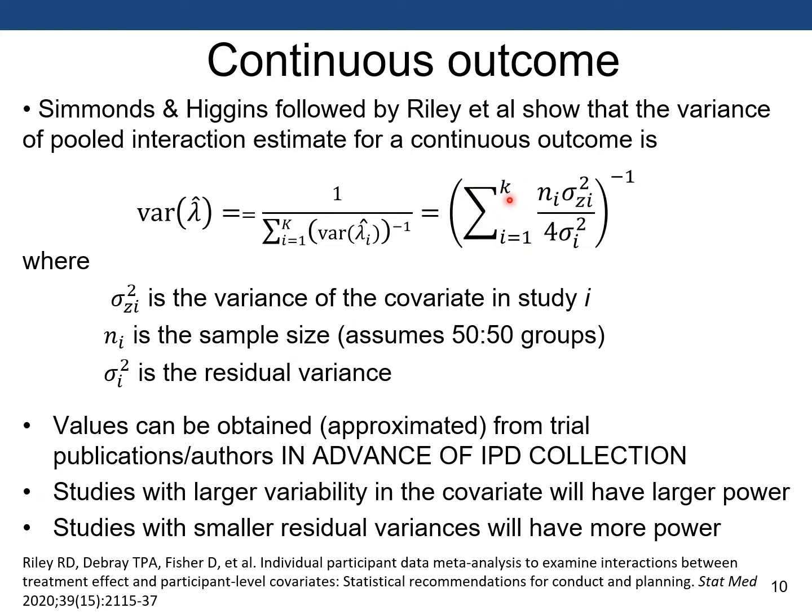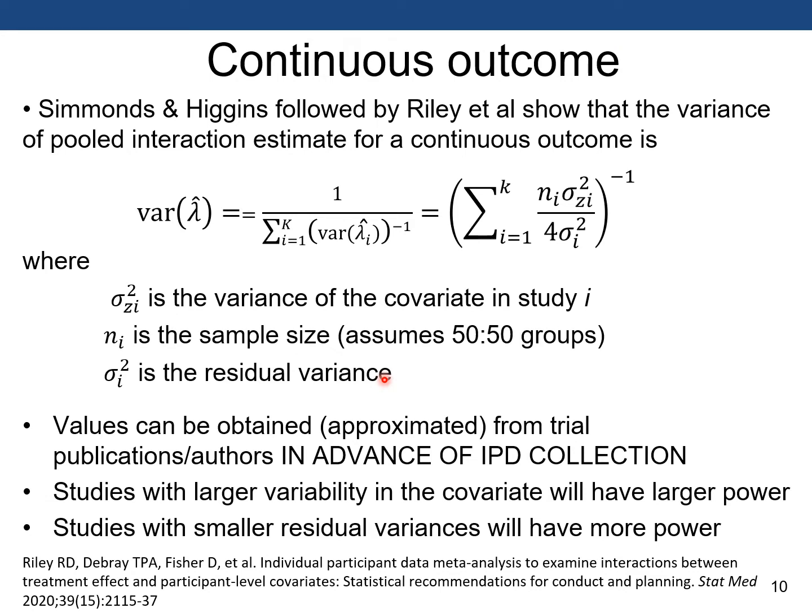This is just when there are k studies, so i is 1 to k in terms of the studies, and it's a sum of n, which is the sample size, sigma, which is the variance of the covariates, and sigma i, which is the residual variance, the unexplained residual variability.